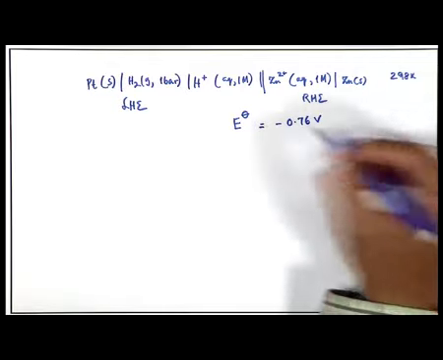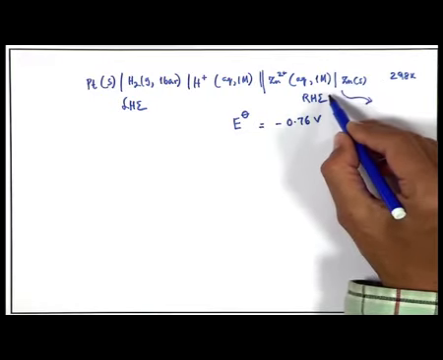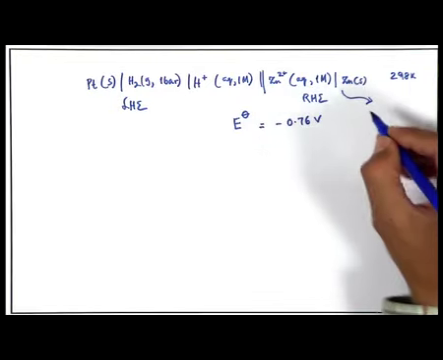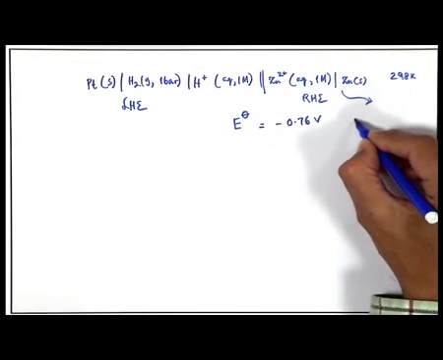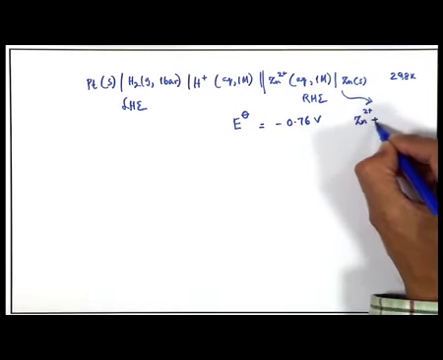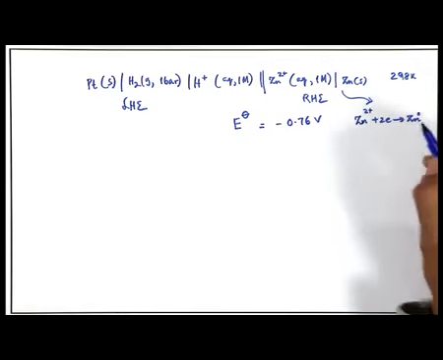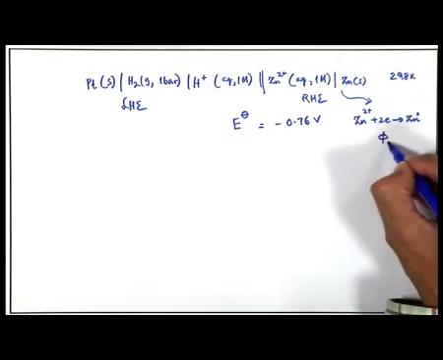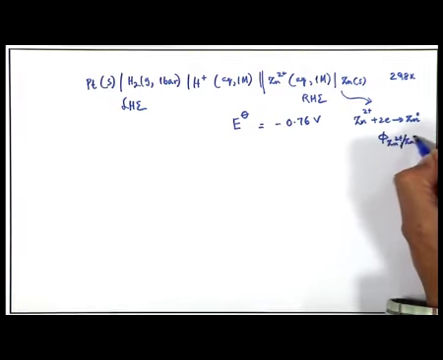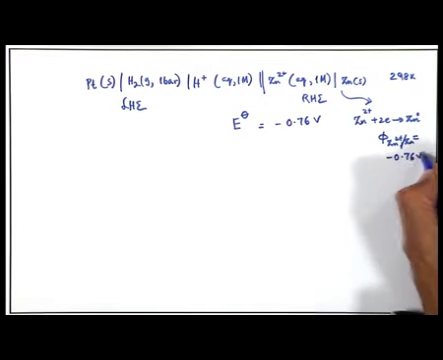Okay. So, that means the half cell potential for this particular reaction, zinc 2 plus plus twice electron, that gets you zinc. Okay. So, the half cell potential for this phi 2 plus is equal to minus 0.76 volt.